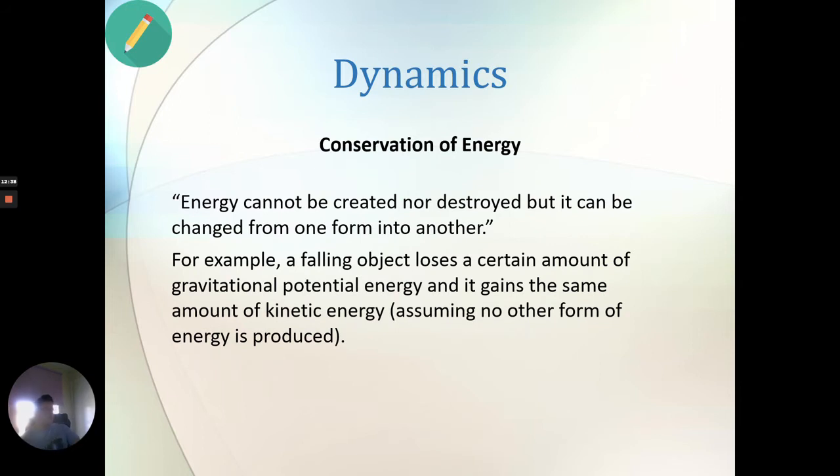I'm just going to remind you about the conservation of energy part of this. Energy cannot be created nor destroyed, but it can be changed from one form into another. That is the law of conservation of energy, or the law of energy conservation.